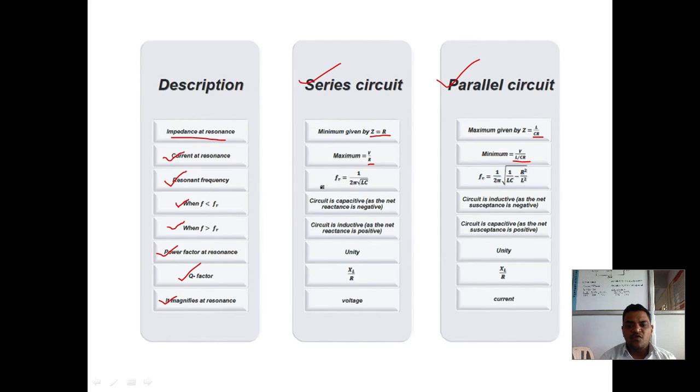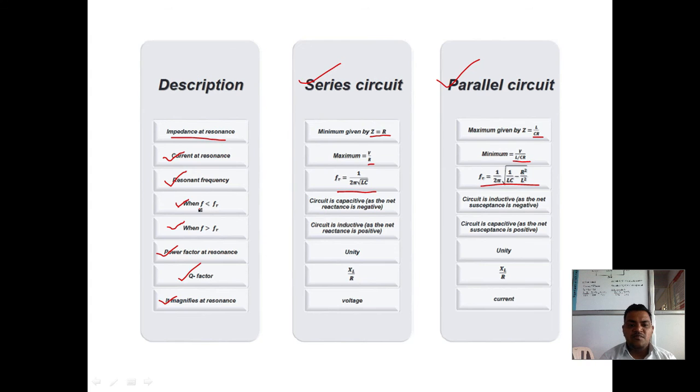The resonant frequency for the series circuit is FR equal to 1 upon 2 pi square root of LC. For the parallel circuit, the resonant frequency is 1 upon 2 pi times the square root of 1 upon LC minus R square upon L square. Once the resistance is equal to 0, the resonant frequency FR is again 1 upon 2 pi root LC.